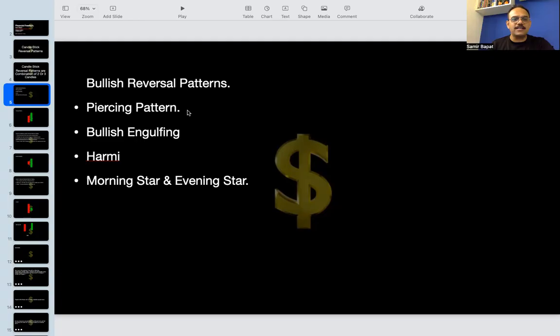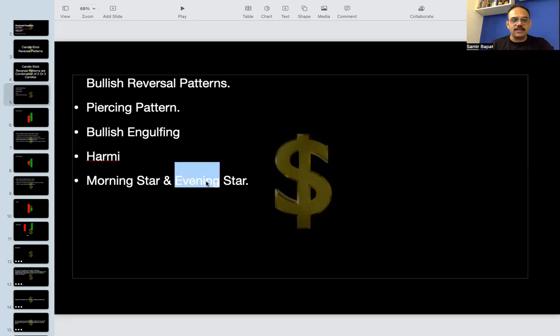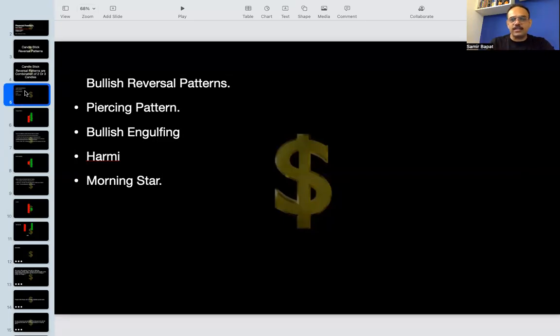So we have the piercing pattern, bullish engulfing, harami, morning star, evening star, which we will study on Monday. There are multiple reversal patterns, but these are the main patterns which you will see quite often. If you study these also, it is enough to earn a good amount of money if you start identifying and following the patterns.